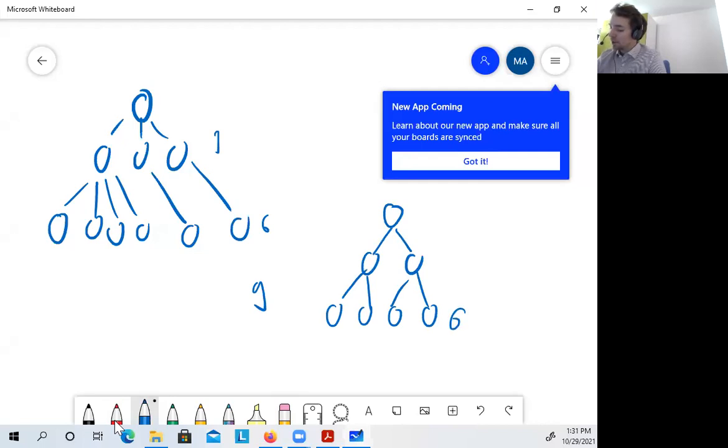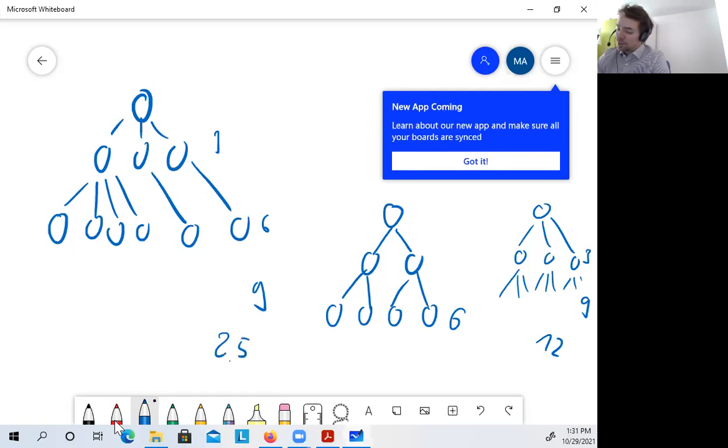So it's a little bit more. If we would have a branching factor of 3, then we would have 3 here and 9 here. So then we would have in total 12. So the branching factor is between 2 and 3. Maybe something like 2.5 would be this average branching factor.